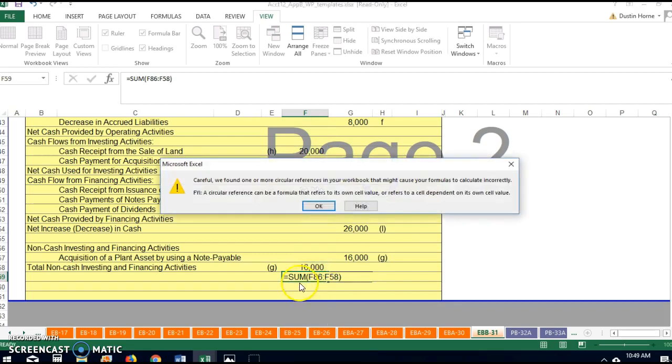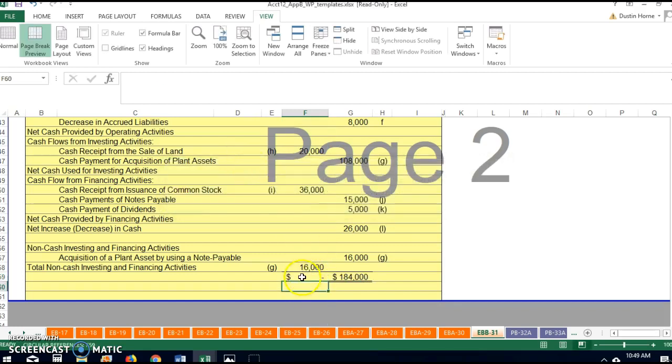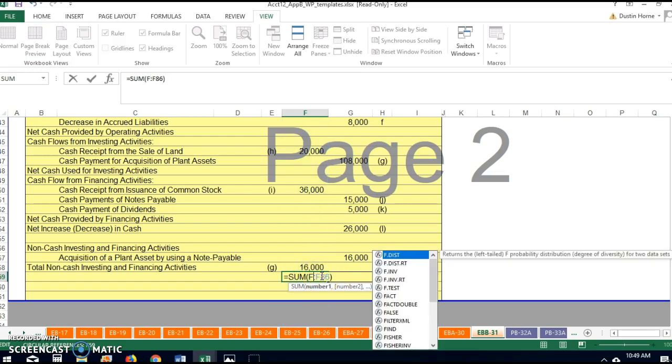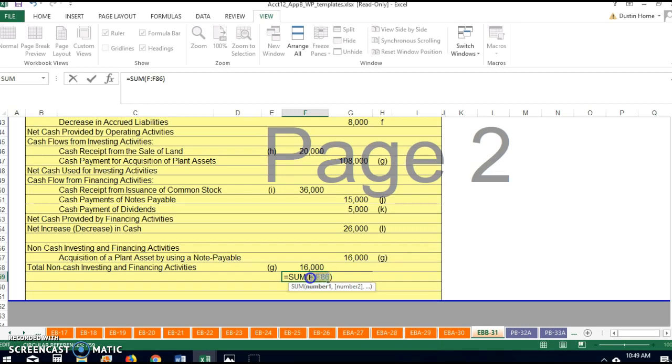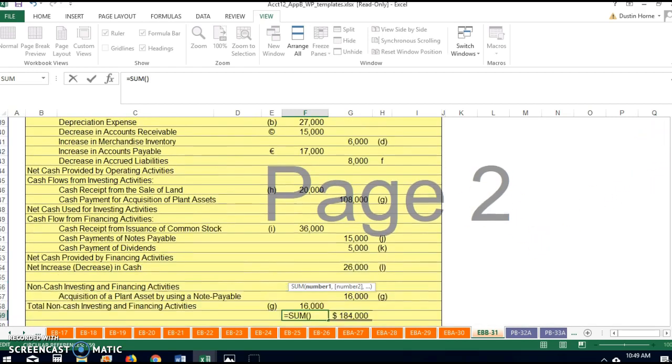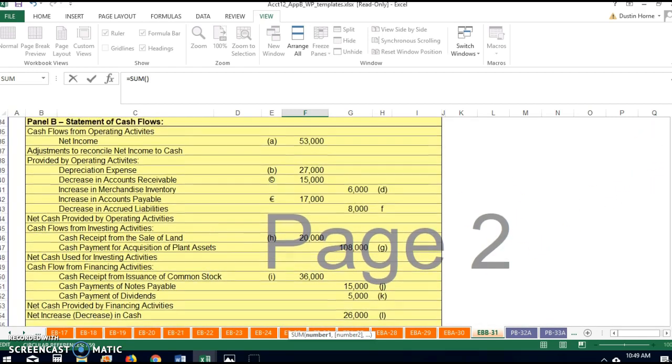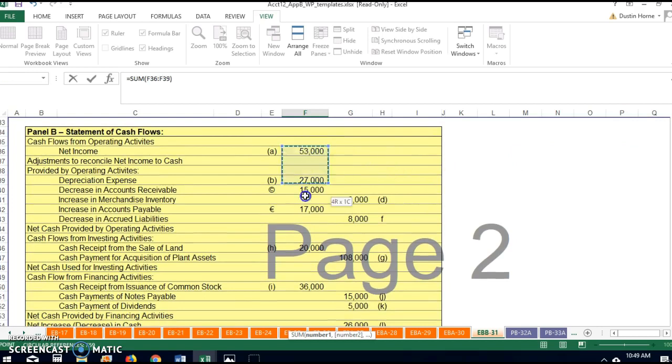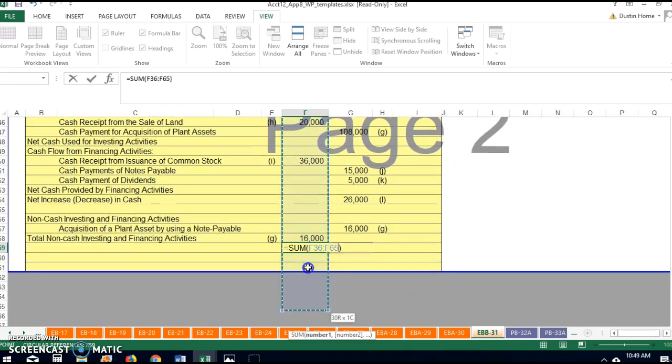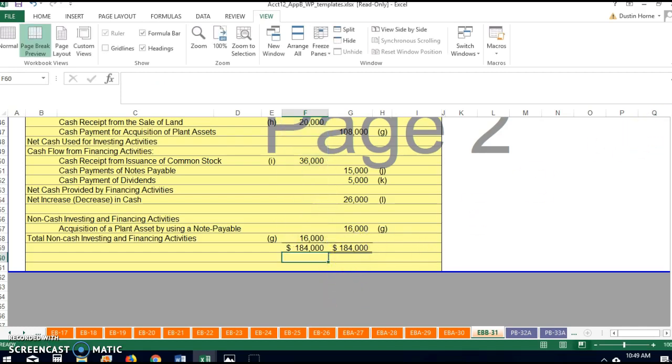So I'll make sure I add all of it up. Well, F86, let me just do this again. The sum of, now, let's see if I have it all. Now, okay, so now they equal here.